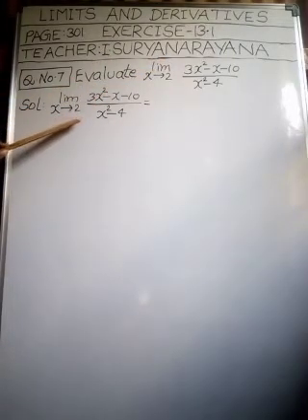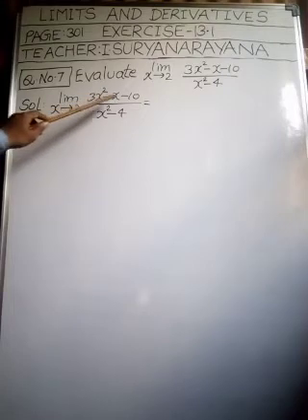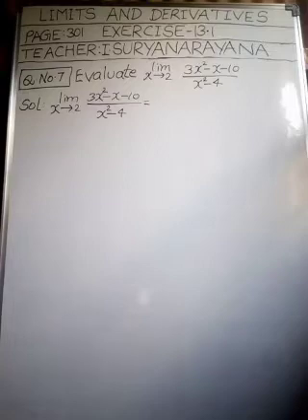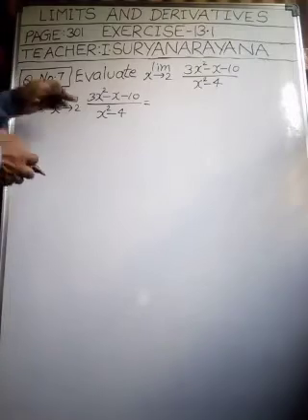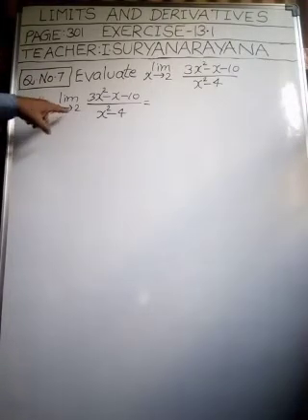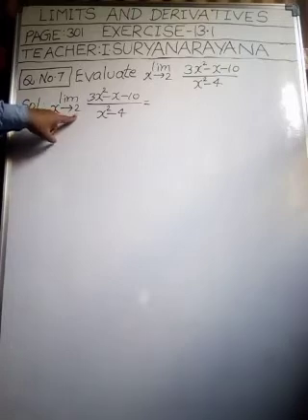As x tends to 2, limit of 3x square minus x minus 10 by x square minus 4. What I said, when we are evaluating the limit of a function, first and foremost method we should follow is substitution method. Okay, my children? Right. So let us substitute x value. What is x value here? We should substitute x is equal to 2.